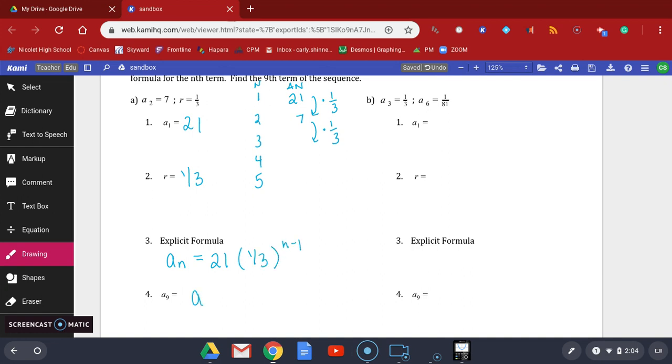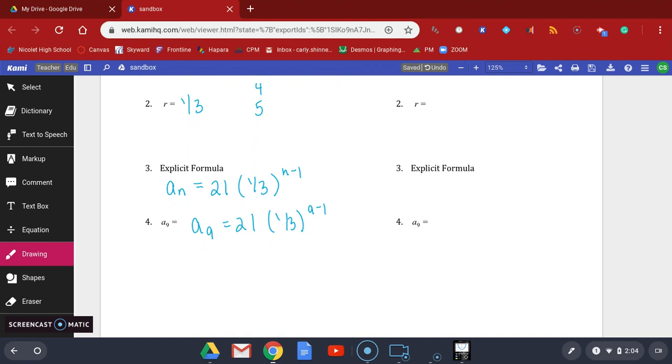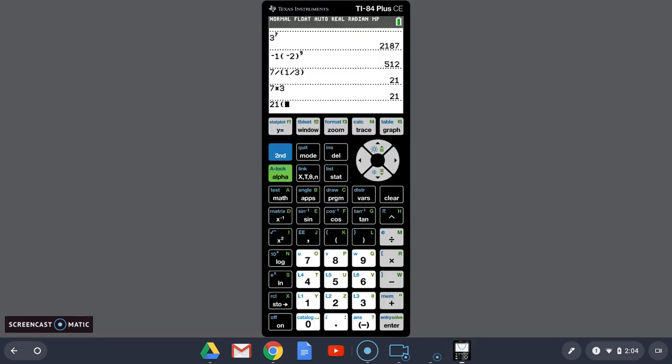And then to find my 9th term, I'm just going to plug in 9 for n. So we'll do 21 times 1/3 to the n minus 1, which would be an 8, correct? So I get that kind of icky decimal. We can turn it into a fraction. I like it better that way.